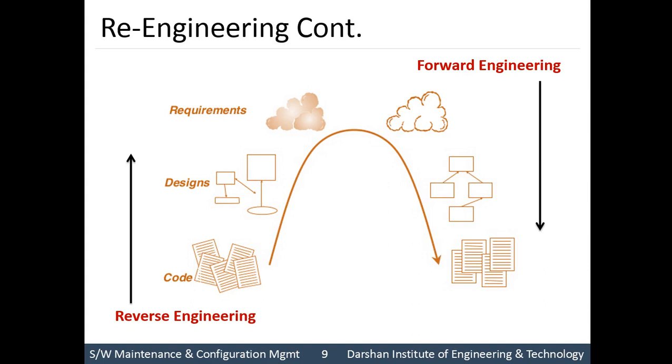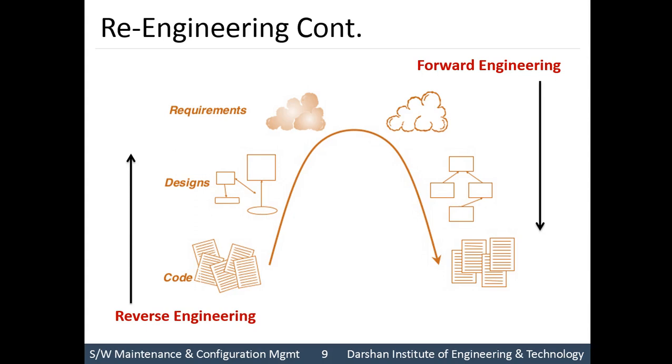From the code, it comes to the design part. By studying the code, it prepares the design of that old software, and from this design, it prepares the requirements or specification of the software which is running. So reverse engineering is the process of studying the code and preparing the requirements or user specification of the software.